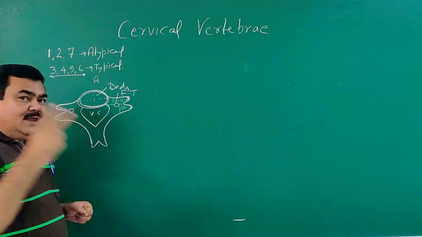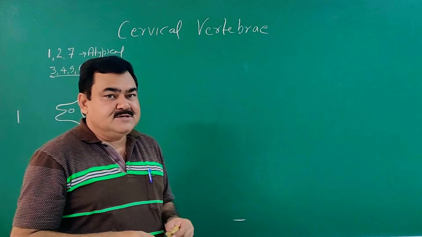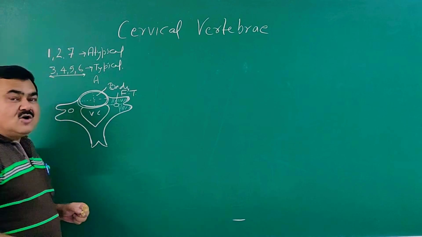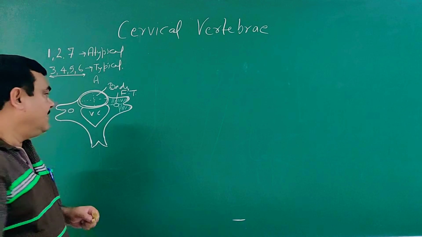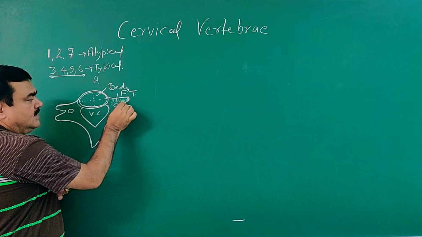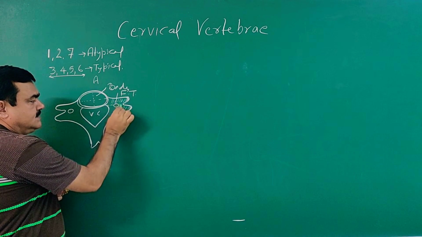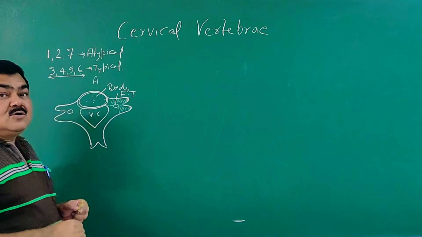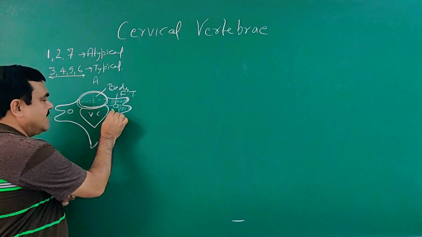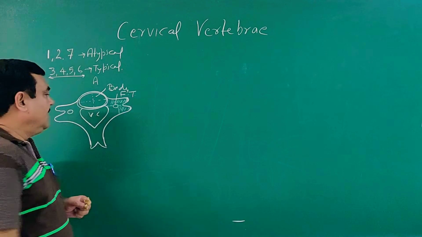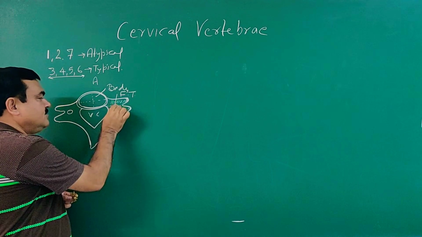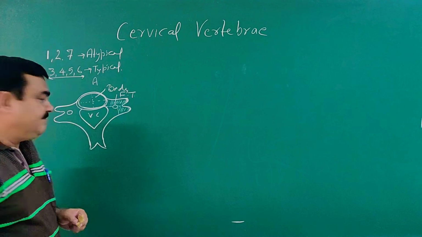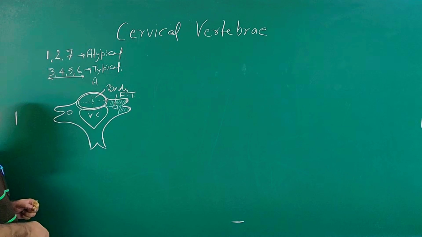So by 2 elements, the transverse process is formed. It has a costal element and a transverse element. This saddle area is the costal element and this is the transverse element. In between these two is the foramen transversarium. This is lamina.